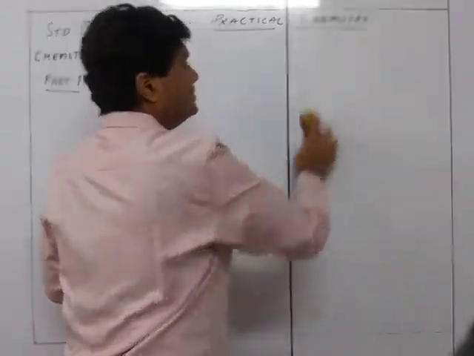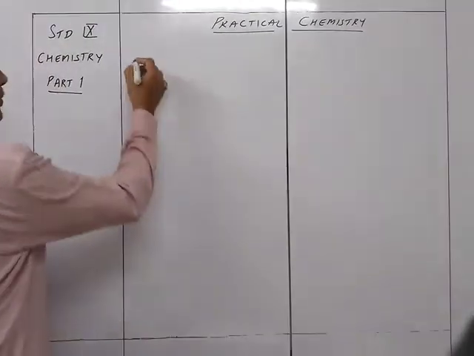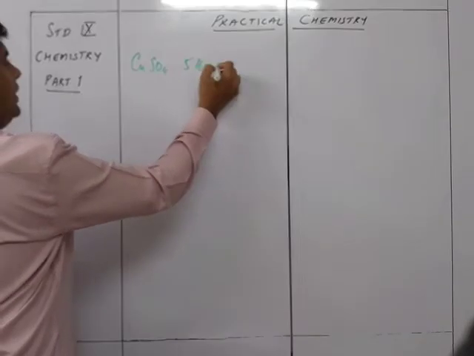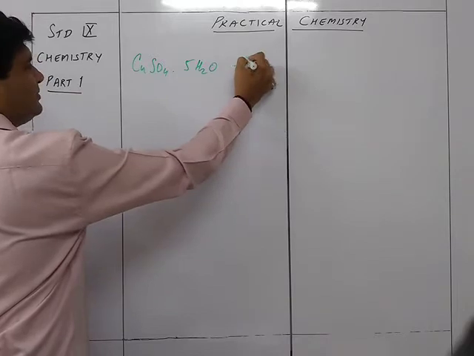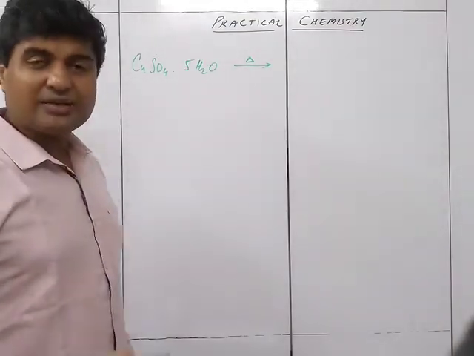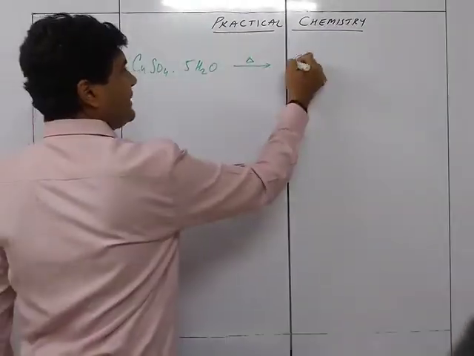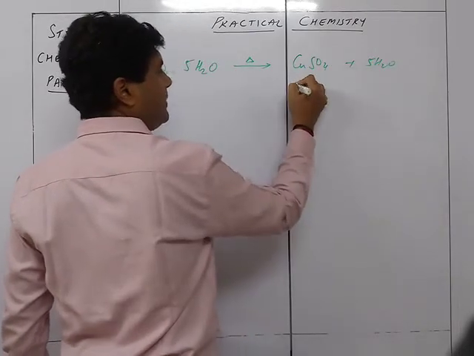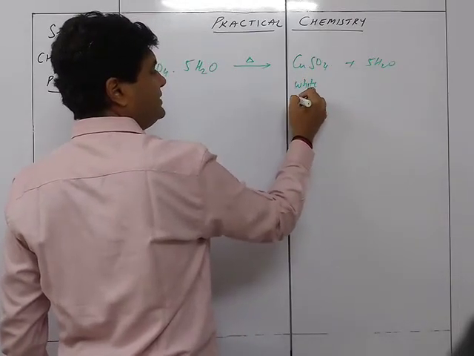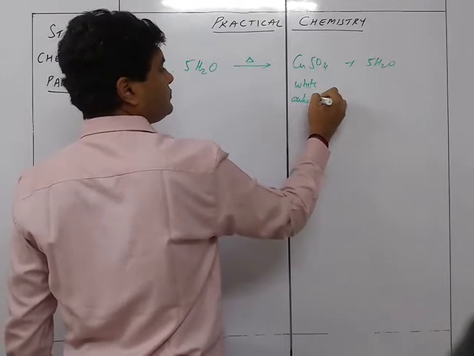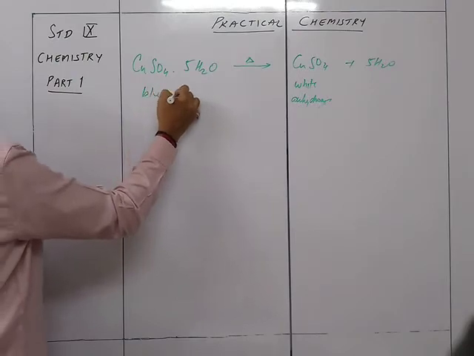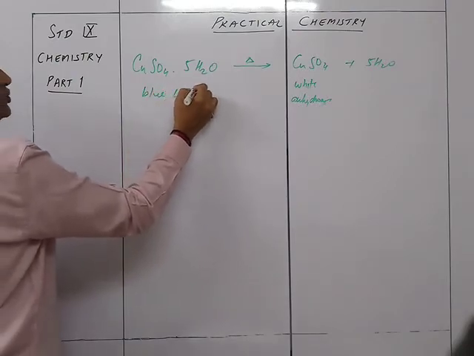So with CuSO4 you can have two effects. One is CuSO4.5H2O, where it is just slightly heated. In that case, it will just become CuSO4 plus 5H2O, wherein this will be white in color, white colored anhydrous, whereas this one was a blue colored crystal. So that is the difference over here.